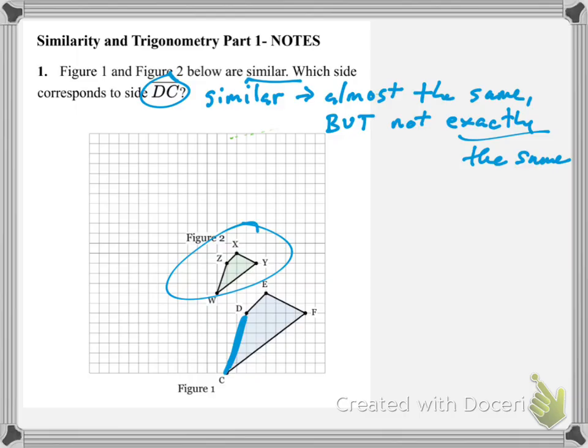Well, right there, ZW. So segment ZW is your answer, because corresponds means which side matches up with the other side.